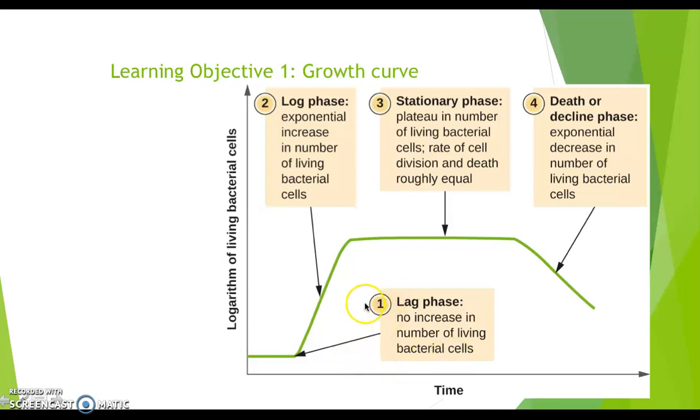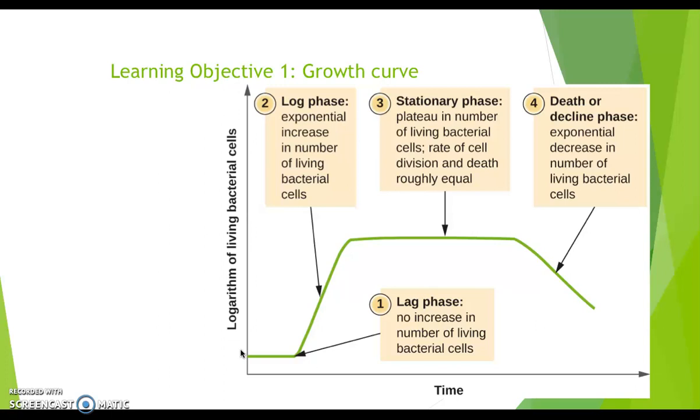So first, number 1 here is the lag phase. Lag means to be slow or to fall behind. For a while, it doesn't really look like anything is happening. They're not doing any cell division yet. This is because the bacteria just entered or were put into a brand new environment. So it takes them some time to find and get the nutrients that they need.